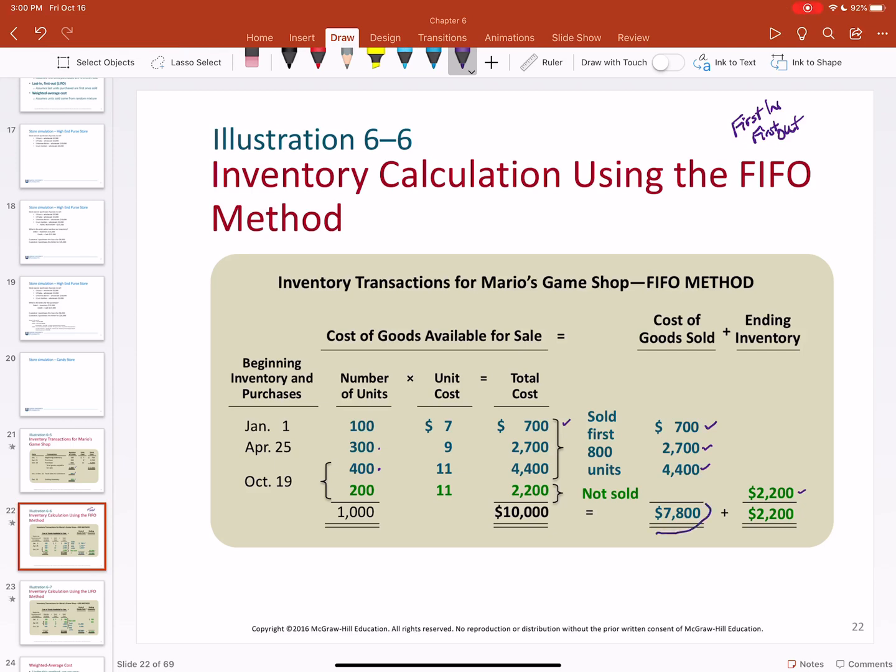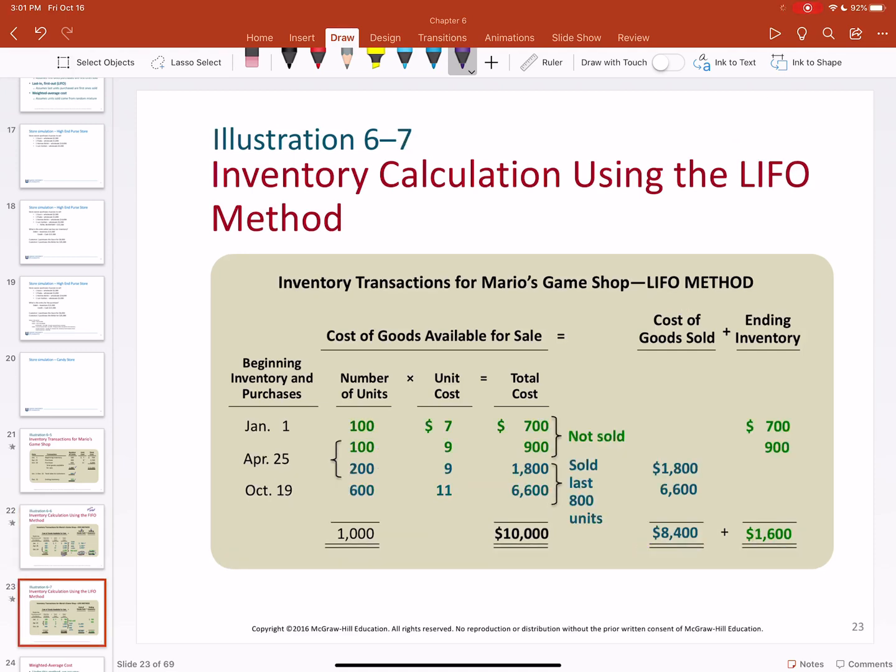Your cost of goods sold plus your ending inventory always equals your entire available for sale. You're just slotting numbers into whether they end up in cost of goods sold or ending inventory based on your method. Since this was first in, first out, or FIFO, we're using the first things in and assuming those are the first ones to leave.